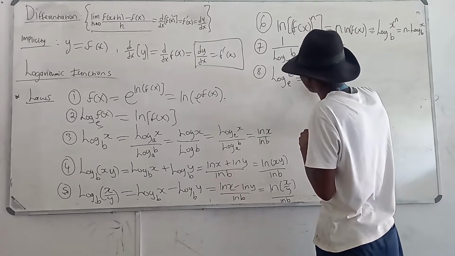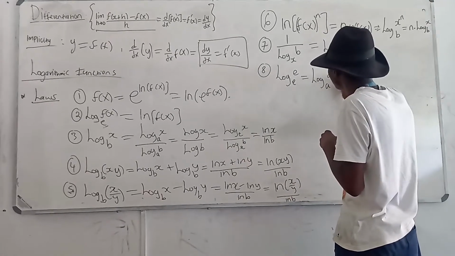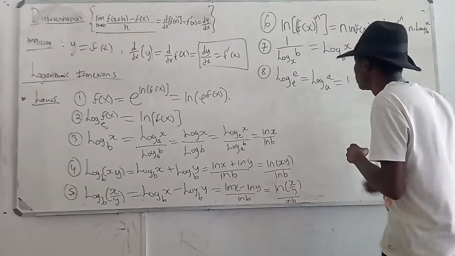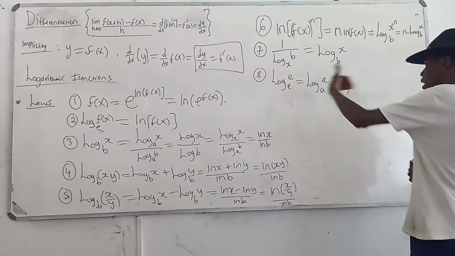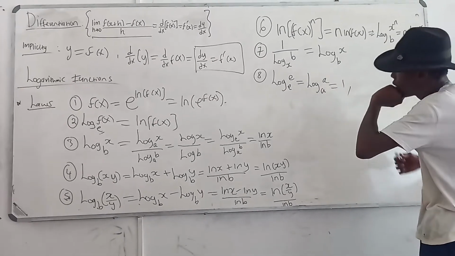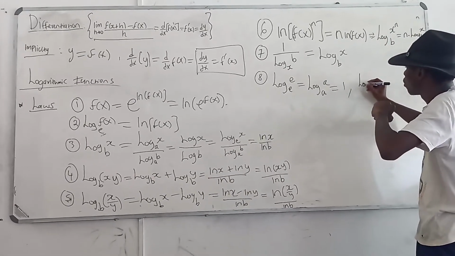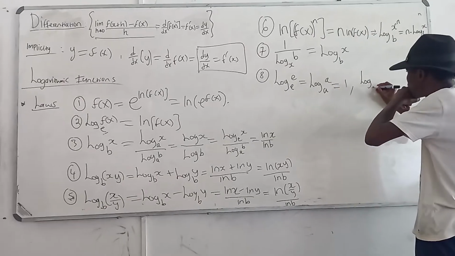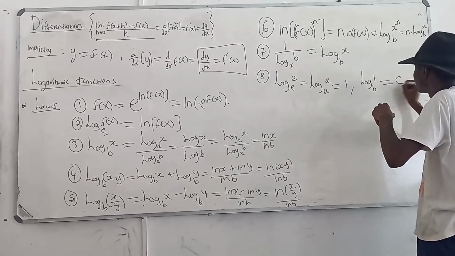So this one is the same as the log of a base a, which is what? It tells us that whenever we have the log of any base 1, we will always get 0.